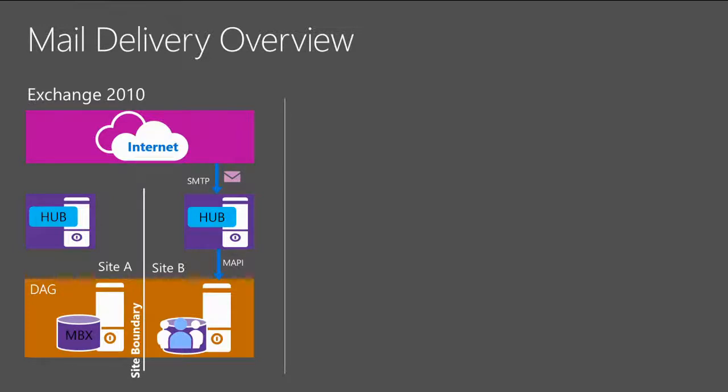That is changing in 2013 and 2016. To illustrate, the hub receiving SMTP traffic will send mail to the hub in the site where the mailbox is, and that hub will make a cross-machine MAPI write for that mail item into the store. That's how 2010 in general operates.